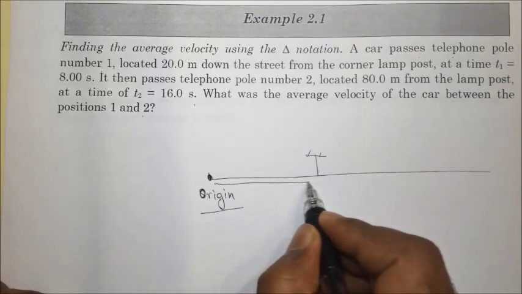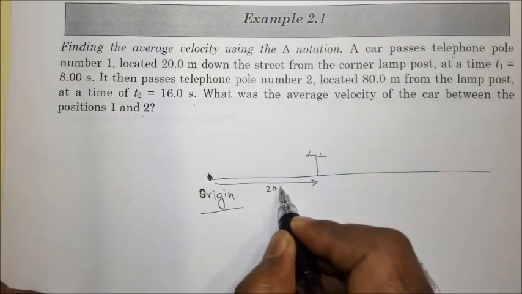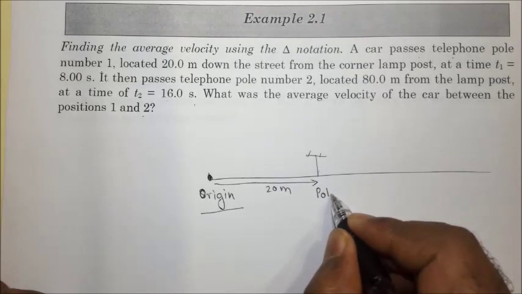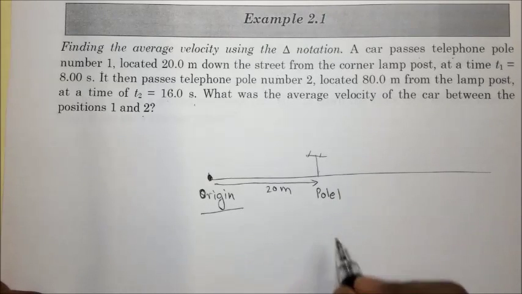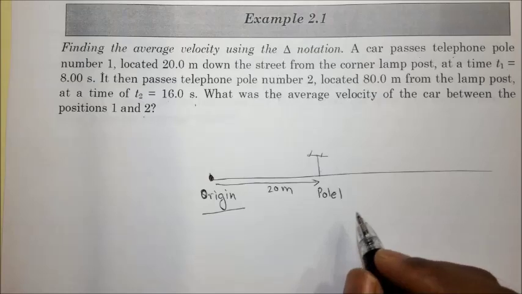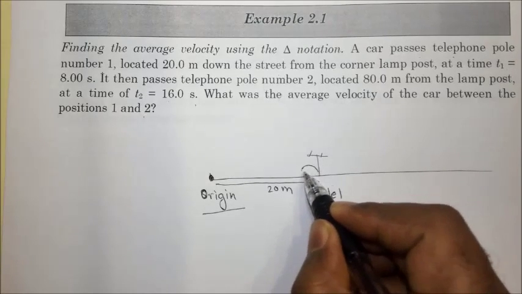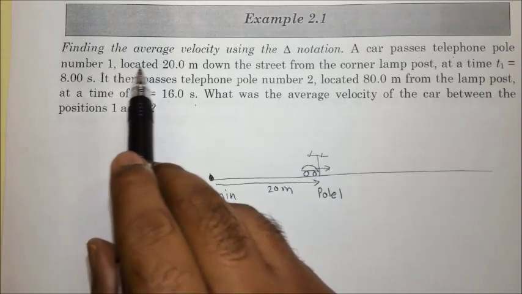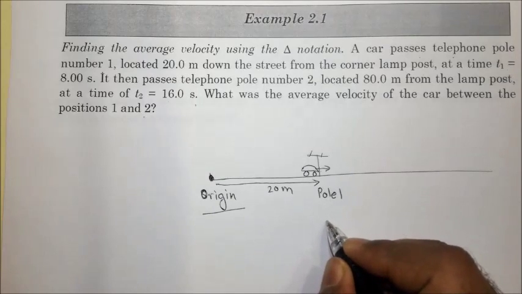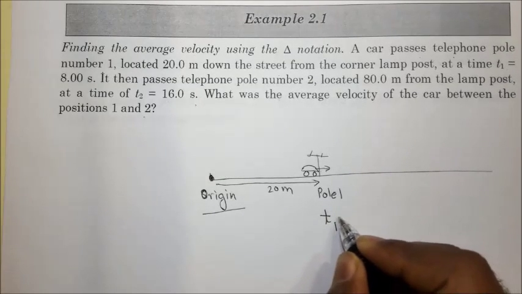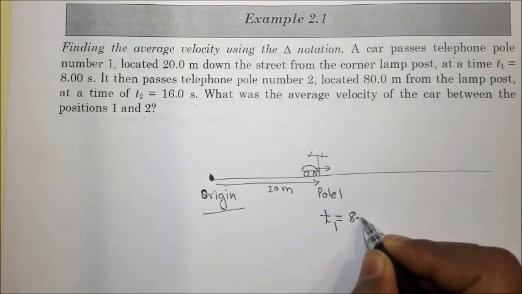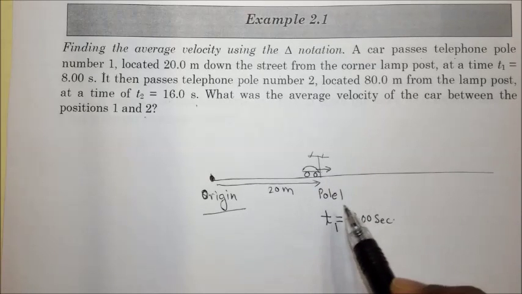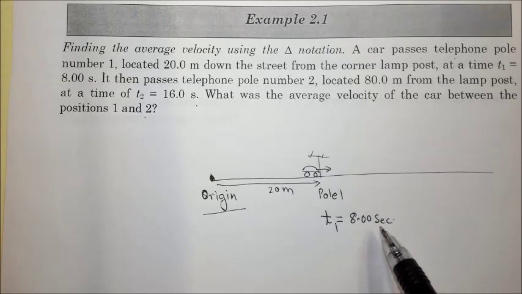This is 20 meters, and this is pole number 1, and the car is passing here, pole number 1, at time t1. Here the time t1 is how much? 8.00 seconds. So at this position the time is 8.00 seconds.